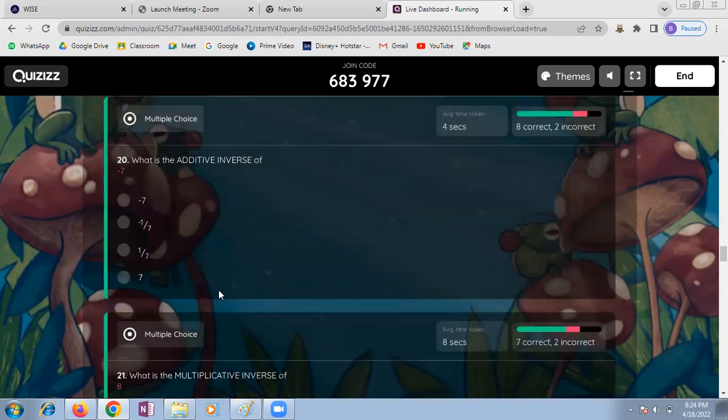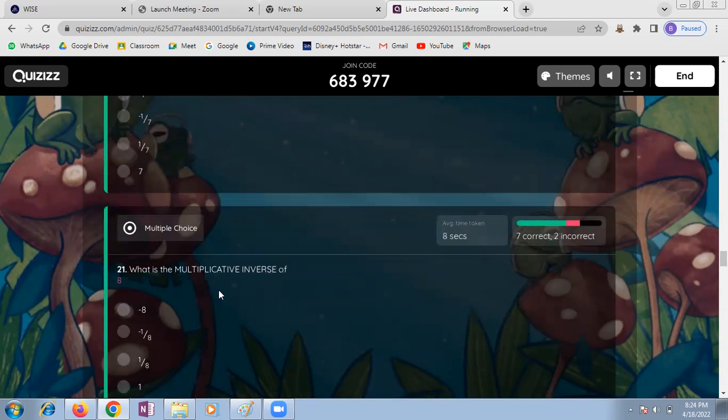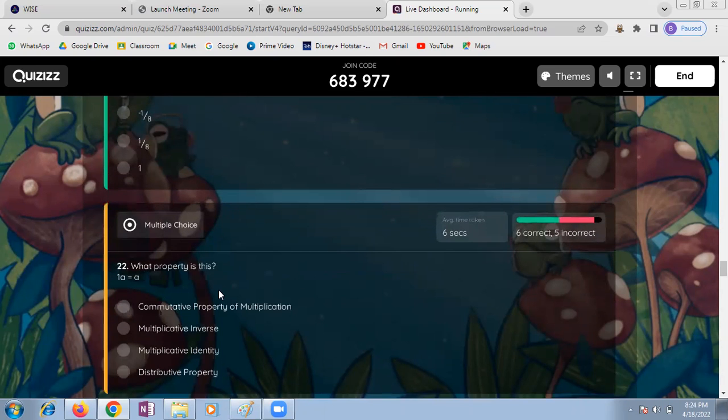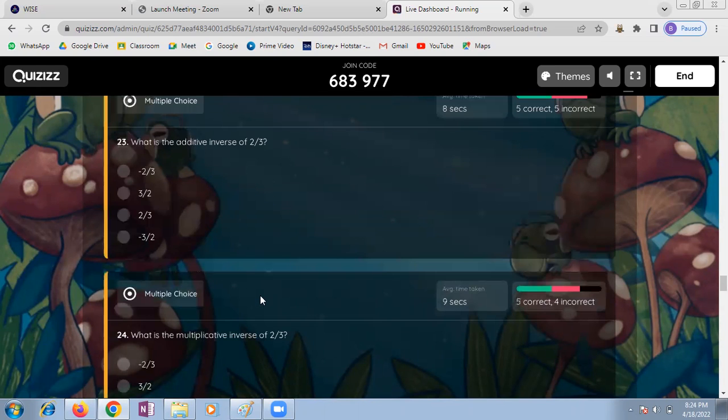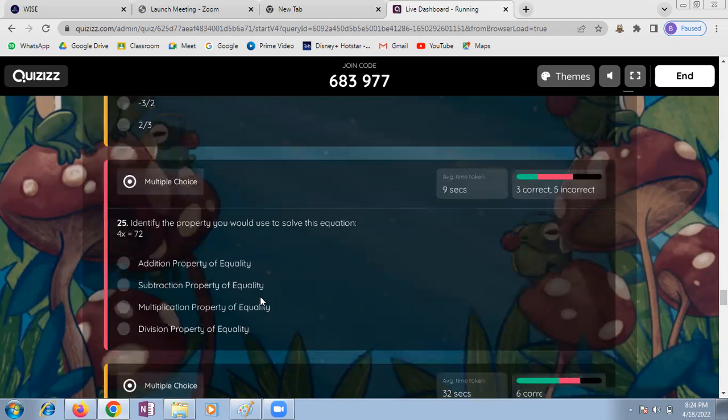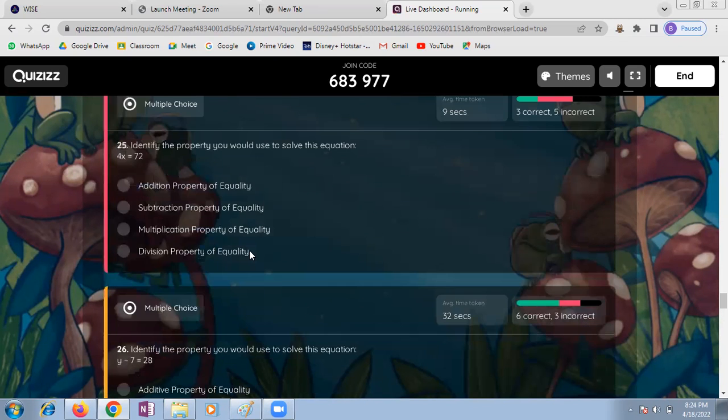Ma'am, name the property you will first use to solve this equation: 4x minus 5 is equal to 17. Which property is that? Identify the property you would use to solve the equation. Yes, that one only.